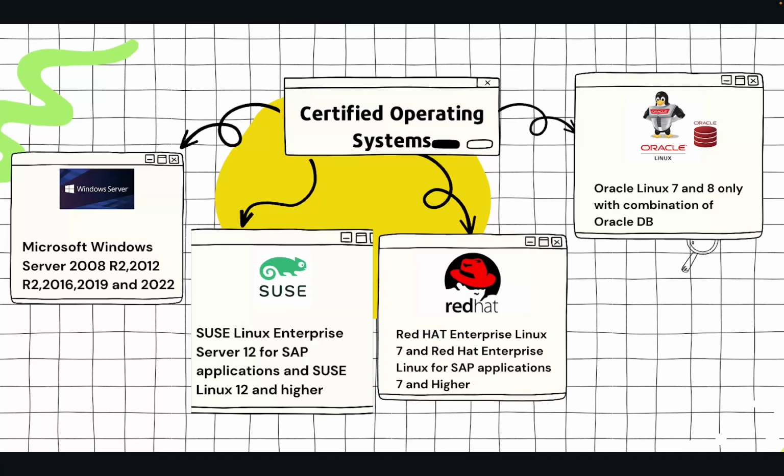Red Hat, which is again a popular enterprise flavor of Linux: Red Hat Enterprise Linux 7 and Red Hat Enterprise Linux for SAP applications 7 and higher are supported. For Oracle based implementations, Oracle Linux 7 and 8 are supported, but there is a catch: you need to have that in combination with Oracle DB. So those are the supported configurations for operating systems.